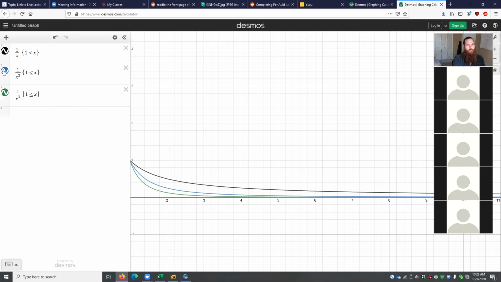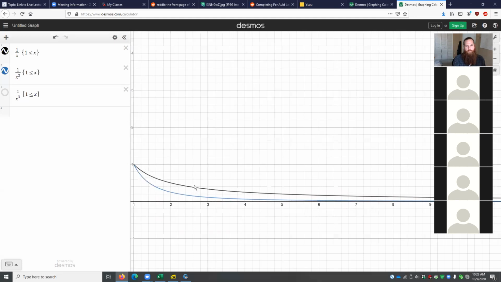What do you notice here? Let's just look at these two to start. Here's 1/x, and here's 1/x squared. 1/x squared is smaller than 1/x, right? At every x value to the right, 1/x squared is below 1/x. So whose integral would be larger?